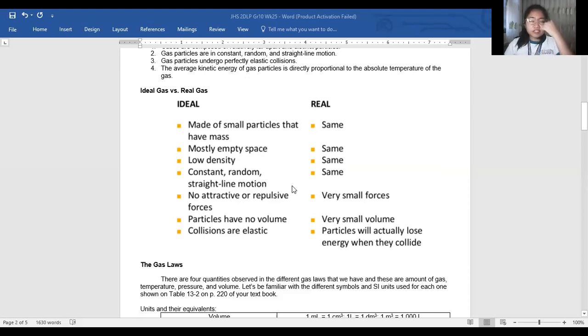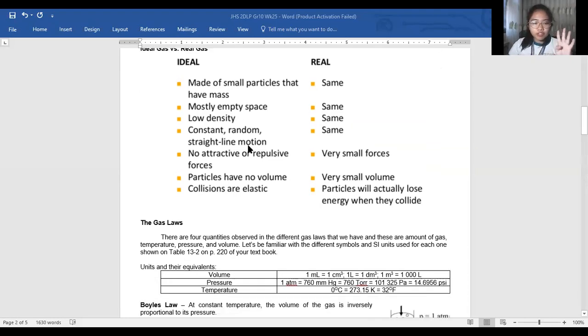Usually, ang tinitignan natin sa gas laws ay 4 na quantities. So, those are namely volume, pressure, temperature, and amount of gas. So, ito yung mga different na tawag dito. Different units natin for volume, pressure, and temperature. Kasi for amount of gas, moles lang yung gagamitin natin.